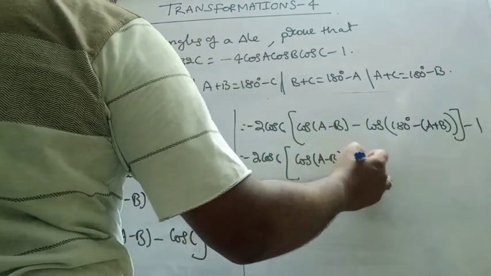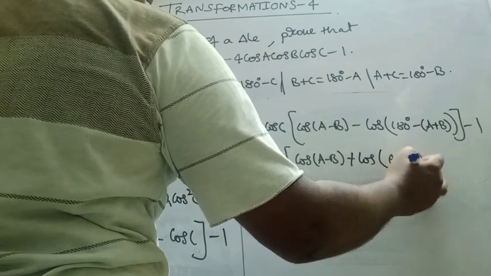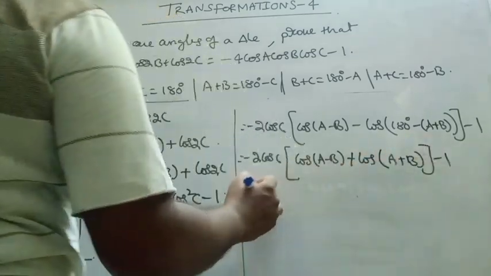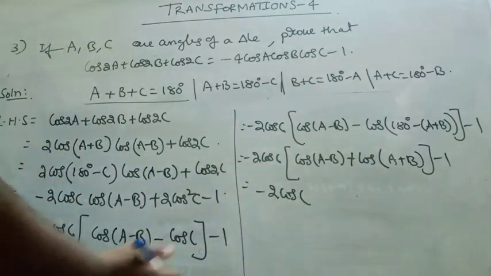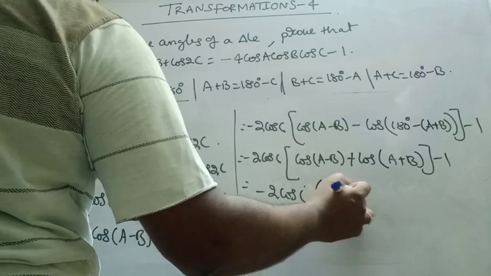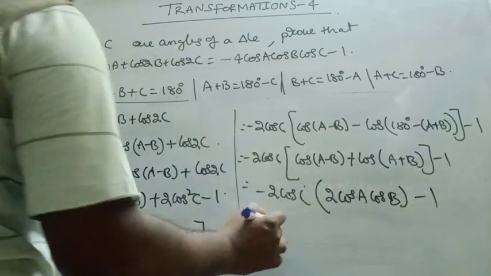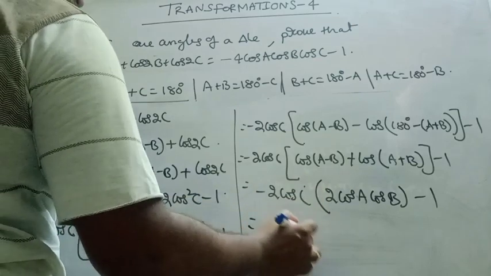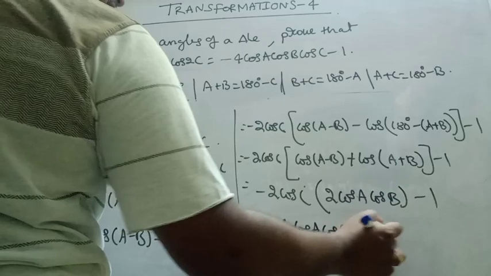Therefore this becomes plus, minus into minus is plus, cos (A plus B), minus 1. Now minus 2 cos C, cos (A minus B) plus cos (A plus B), that is 2 cos A cos B, minus 1. Now this is minus 4 cos A cos B cos C minus 1.